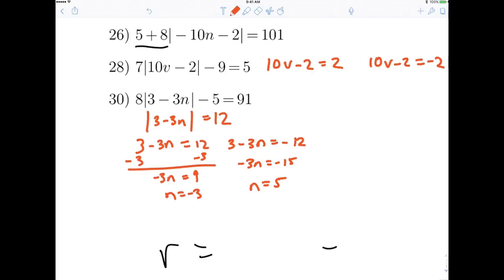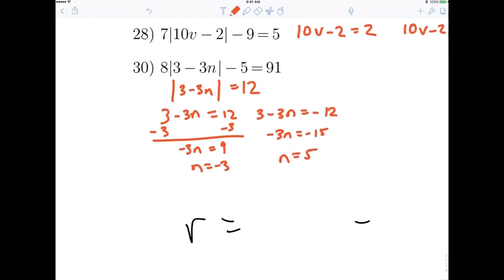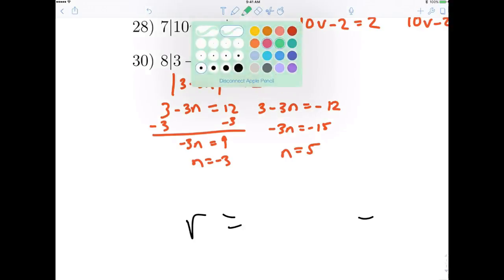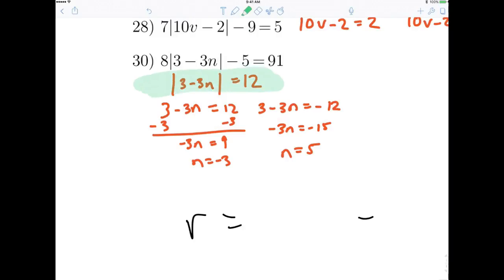Let me correct you. You have to isolate the absolute value. What does that mean, James? I have to do what first? Get rid of all the things? So what do I do first? You add 5. And then what? Divide by 8. So I'm not sure why you're saying anything about a negative 91. Where is there a negative 91 in there? Well, how do you get to the 15, to 3n equals 15?